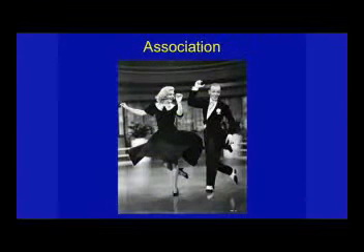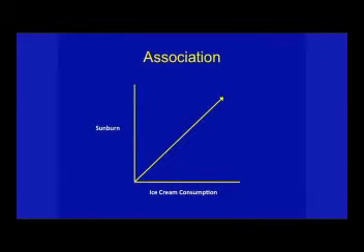So let's start by talking about association. What's association? Association is when you find things that are usually found together, like Fred and Ginger. So where you see Fred, you often see Ginger. And so that's an association. Let's give some other examples, and we'll start getting some graphs here. So here's an association.